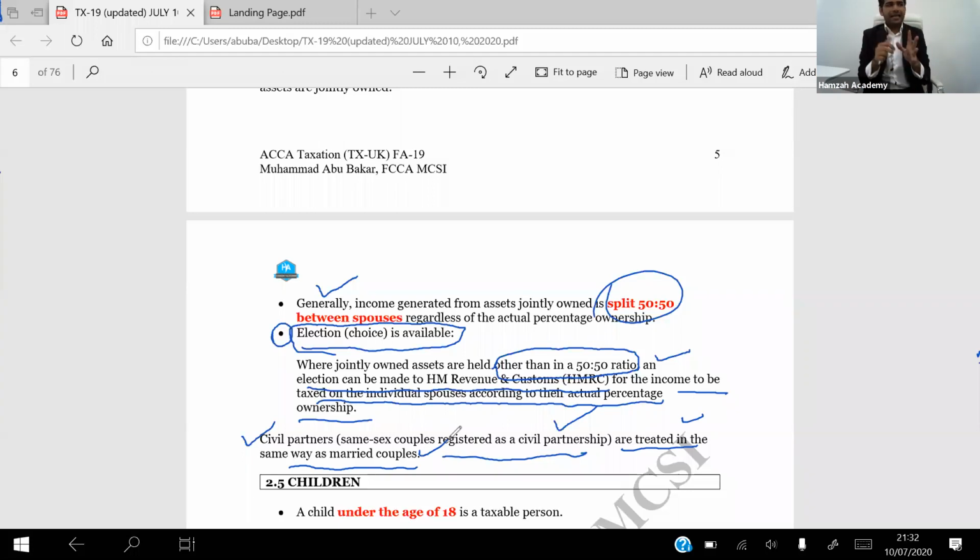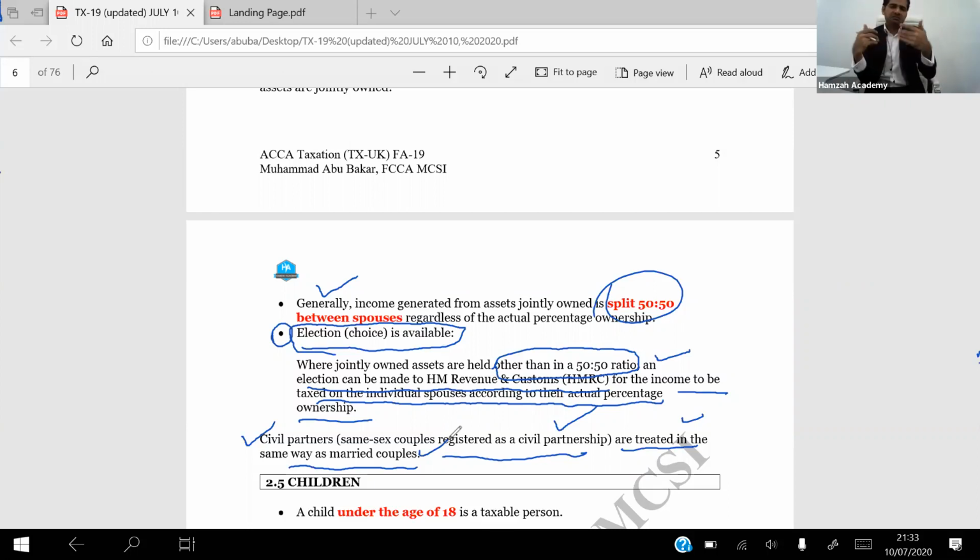So when an asset is actually owned by a married couple, how should we treat it? Scenario number one, if they do not say anything, HMRC will say the asset or the house or the investment or anything is owned 50-50. Or they have an option to declare the actual percentage of what they believe or have an agreement on.